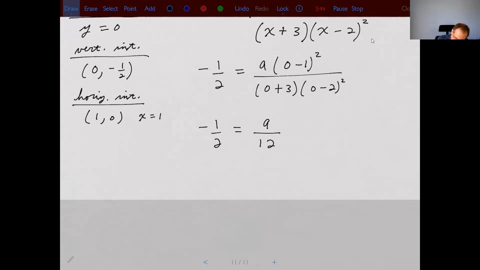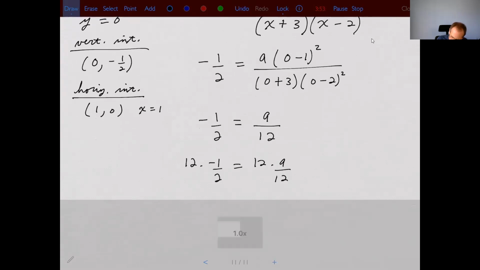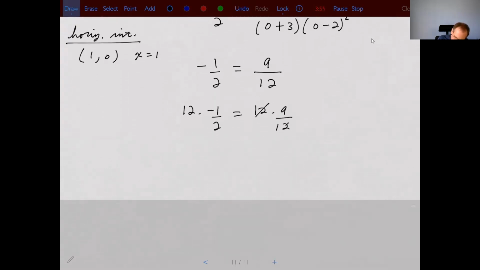And then if I multiply both sides by 12, we can simplify this. That's going to cancel, and here I can simplify a little bit. I'm going to get a 6 up there. So I'm going to end up with a equal to negative 6.